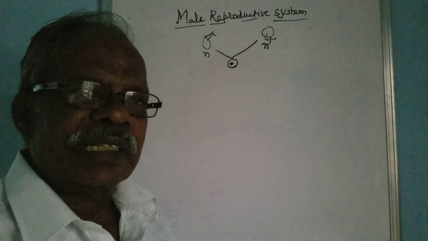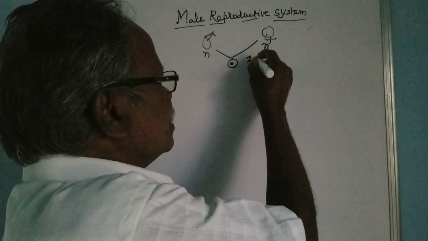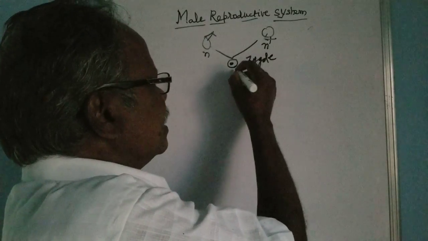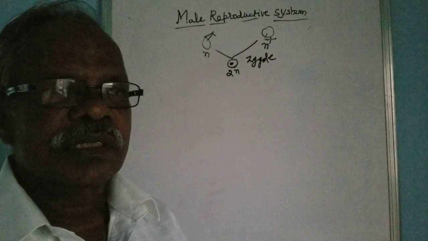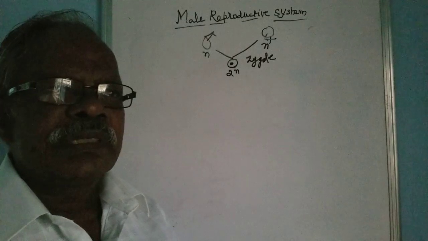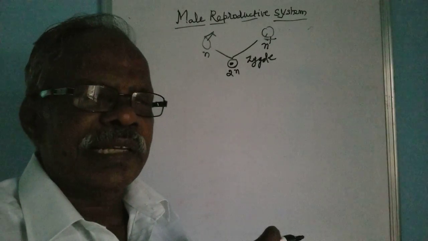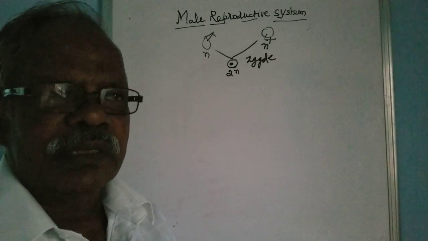After fertilization, the fertilized egg is called the zygote, and that is 2n, that is, the diploid number of chromosomes is formed. So this is the characteristic feature of how the diploid organism is formed from the haploid gametes.